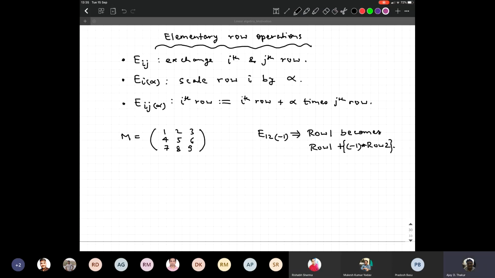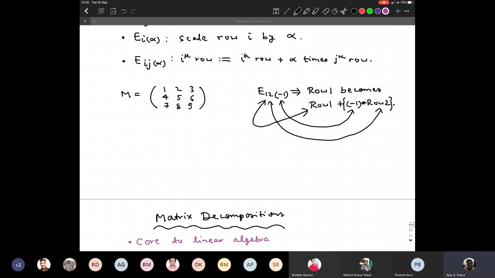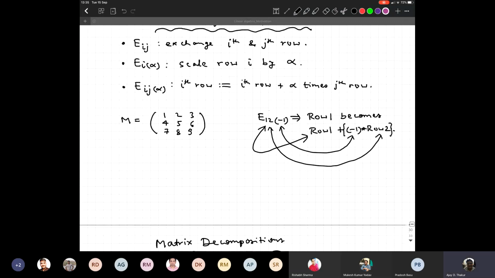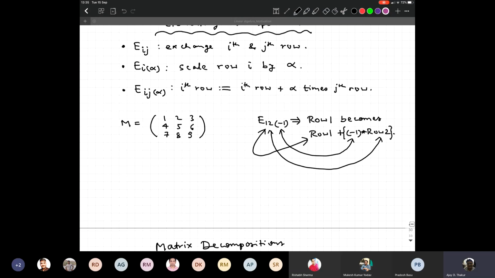So this minus 1 has a connection to this minus 1 that we see. The second index has a connection to the index of the row to which we are adding, and this 1 is essentially our row 1.